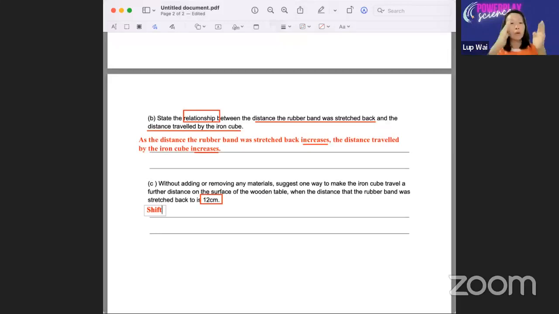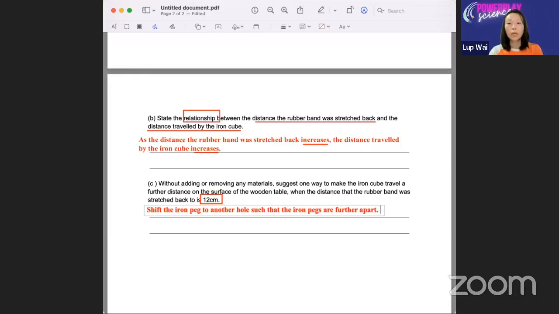So all you need is a very straightforward answer: shift the iron pack to another hole, such that the iron packs are further apart. So this is how you answer the first part of this.